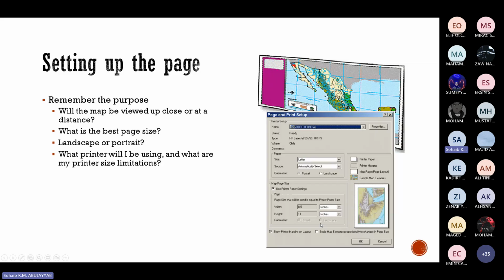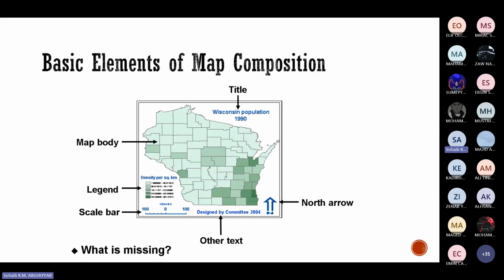Second, you need to add all the basic elements of the map composition, including the title. This is very basic. You should add all of them: title, north arrow, the scale bar or the map scale, the legend, and the map body. And in the map body, you should highlight the main topic.